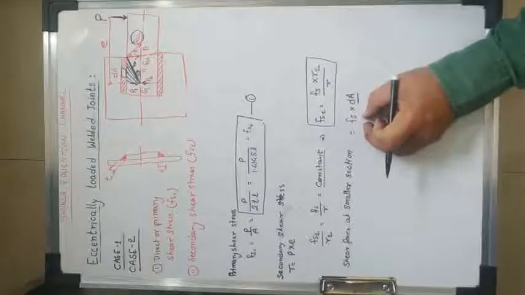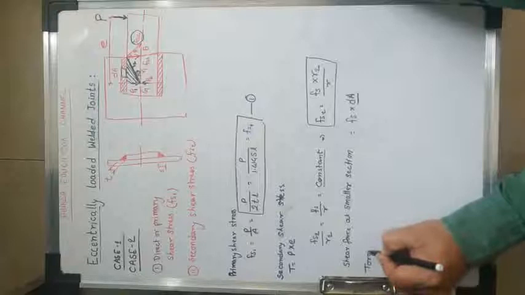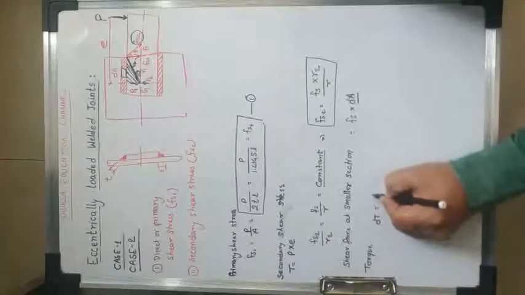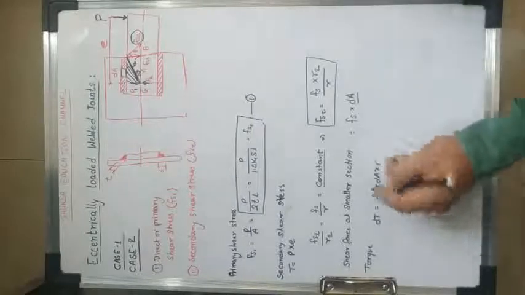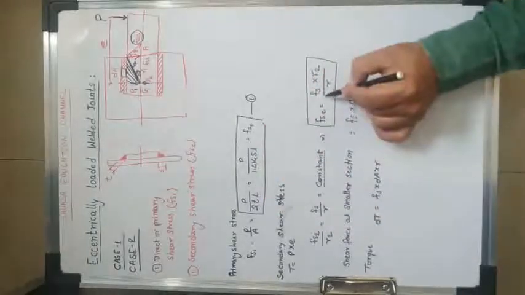So it will be torque. So dT is equal to Fs into dA into R. That is the simplest one. And we have already put it here.